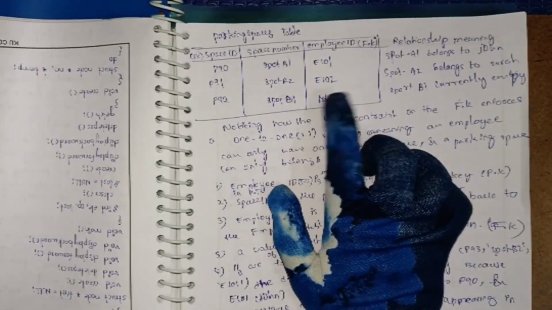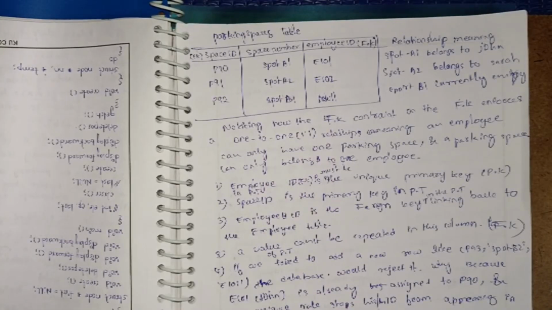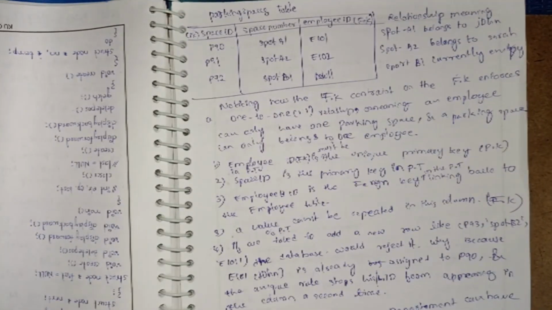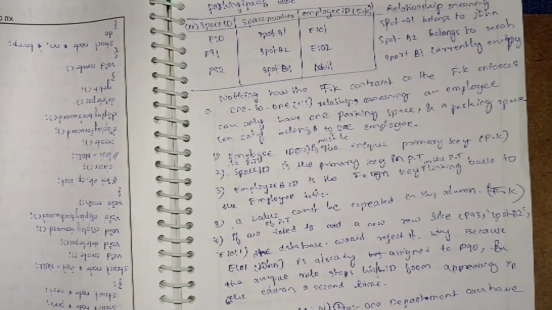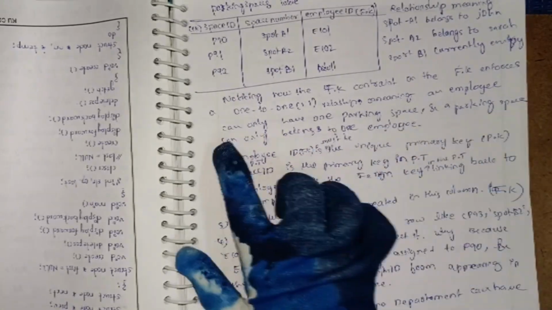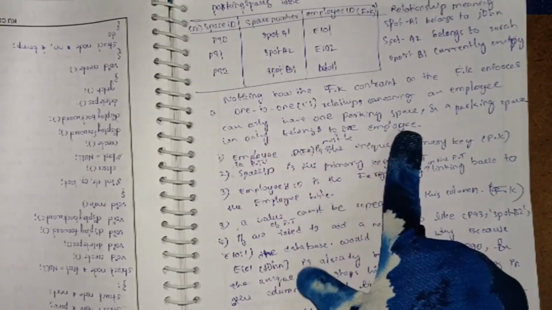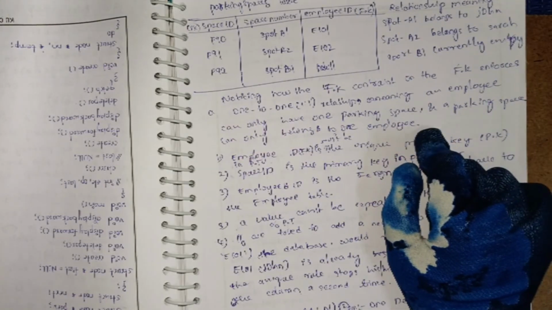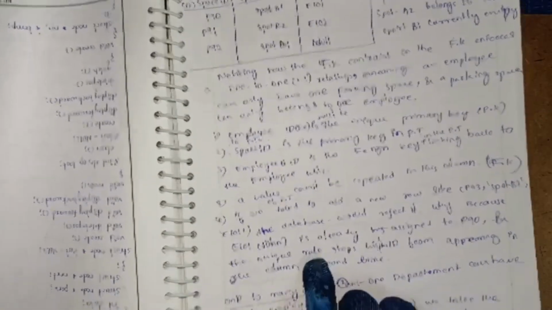An employee can only have one parking space, and a parking space can only belong to one employee. This condition is not followed, so that's why it is rejected.